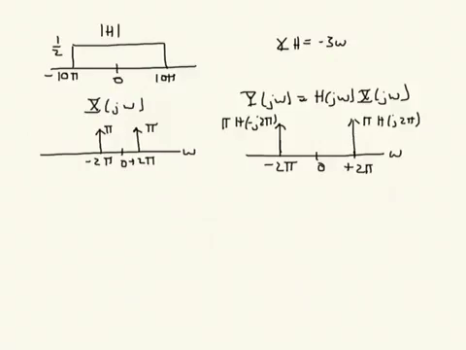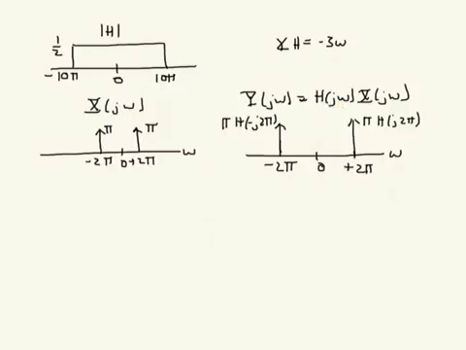Okay, so all I've done is multiply these two impulses by the value of the frequency response at the location of those impulses, because that's what happens when we multiply anything by an impulse. We just scale the impulses by the value of the function we're multiplying by.